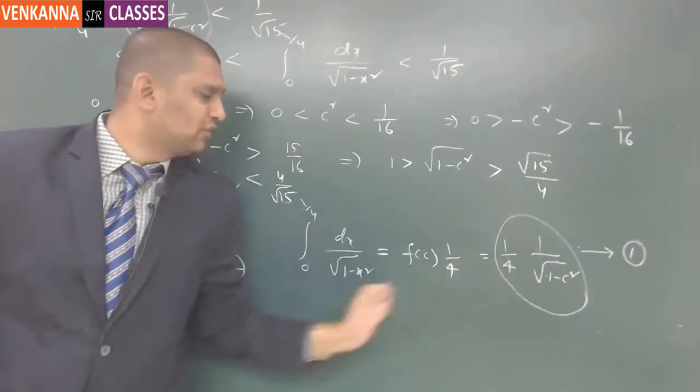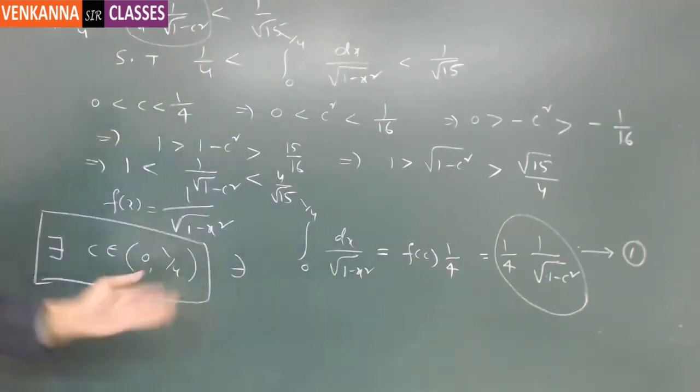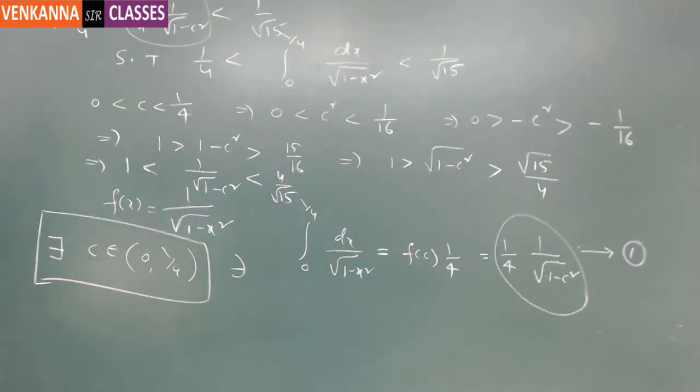And in place of that, we substitute the integration value. In this way, we will get the integration value. Fine. Is it clear or not? So if everyone is clear with this, please take a note of it.